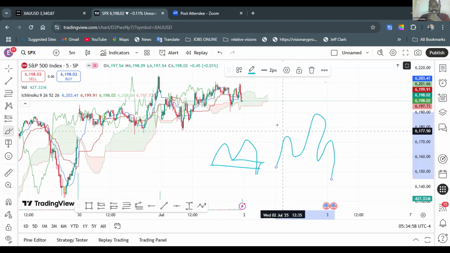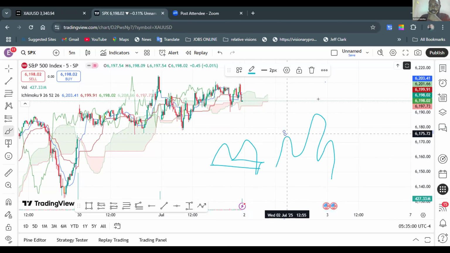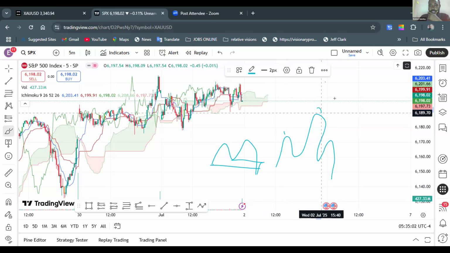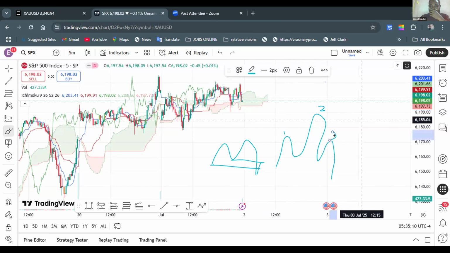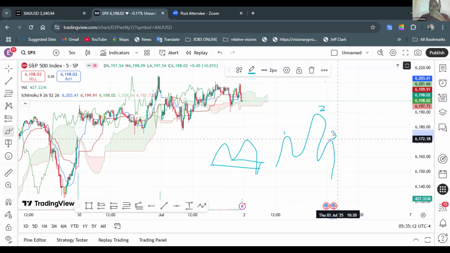So you can look at the shoulder as being 1, the head 2, and then shoulder 3. In as much as shoulder 3 is not greater than head 2, it's an indication that the market is going to sell.